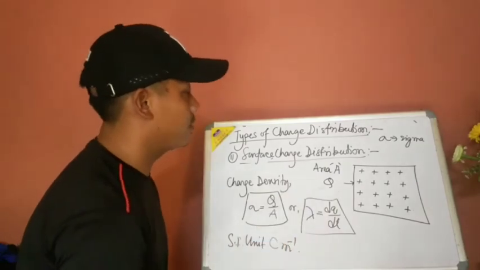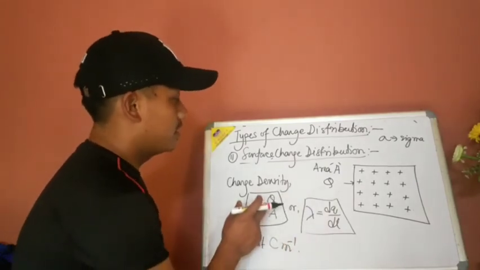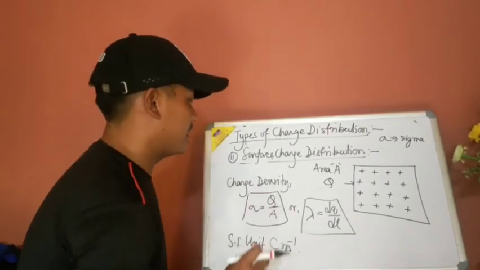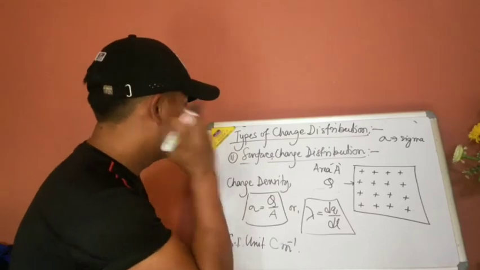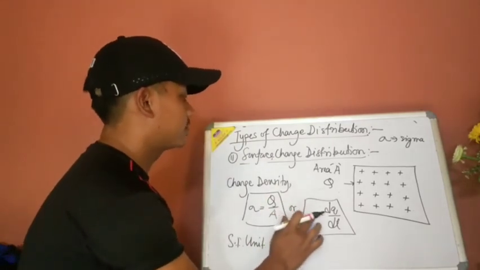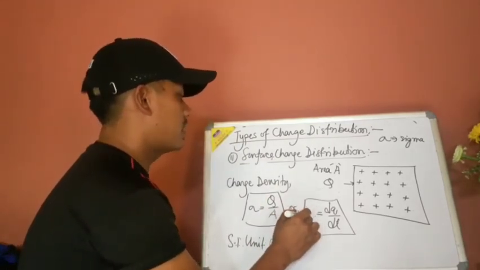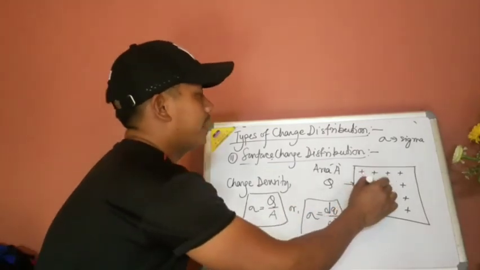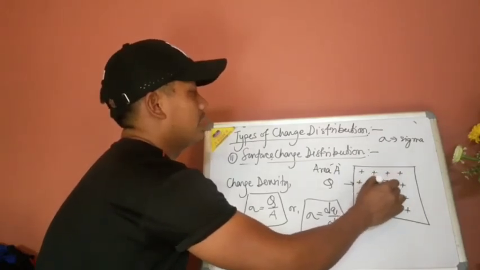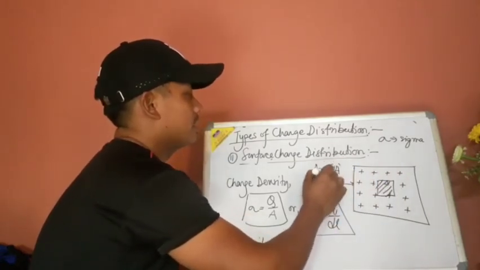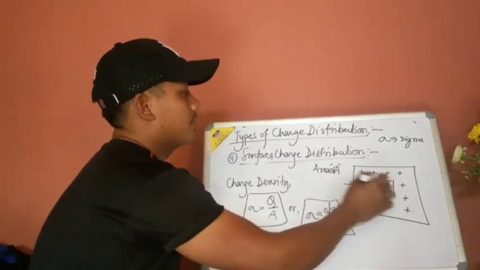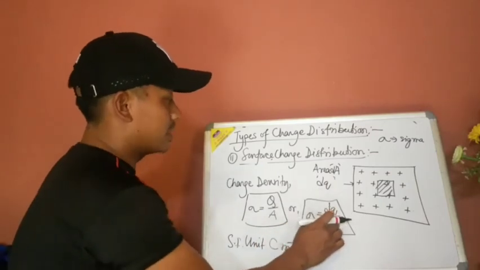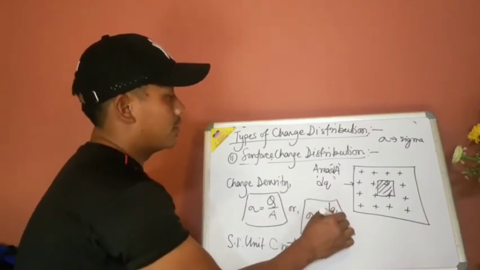For surface charge distribution, the charge density is not charge by length, but charge by area. Similarly, take a small area dA, the small charge on it will be dq. So sigma will be dq by dA.